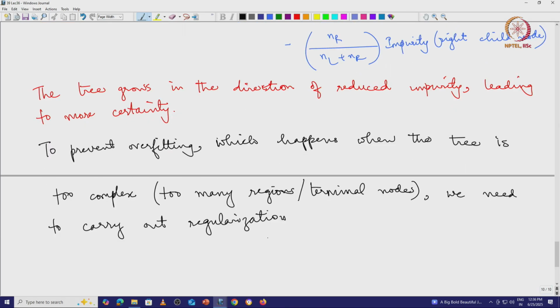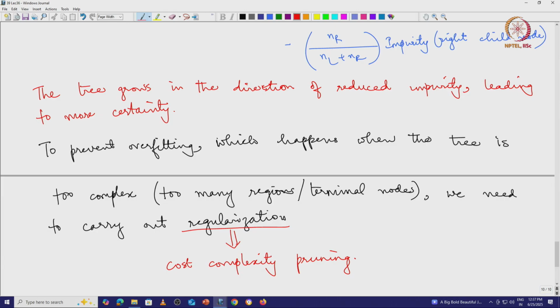If you remember from a couple of lectures ago, the regularization strategy typically used with decision trees is called cost complexity pruning. What happens here is you grow the tree as much as possible, and then you come back and prune out the branches which are not leading to an improved performance.